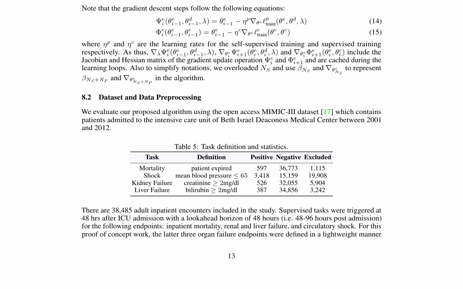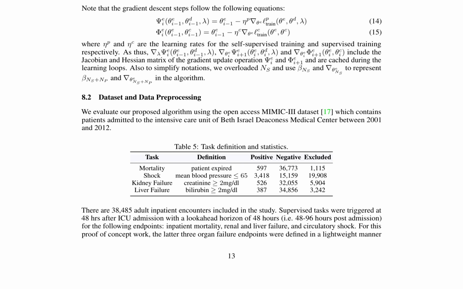Table 5 presents dataset statistics, showing the number of positive, negative, and excluded samples for each task. The algorithm automatically selects the most relevant tasks for a given patient, leveraging lambda gradients to determine task importance. Using both labeled and unlabeled data through self-supervised and supervised learning loops improves performance and robustness.